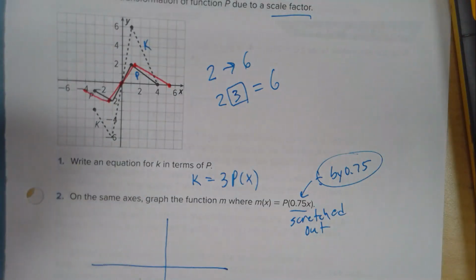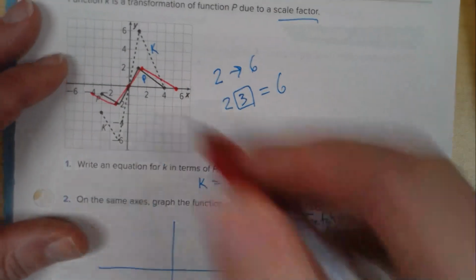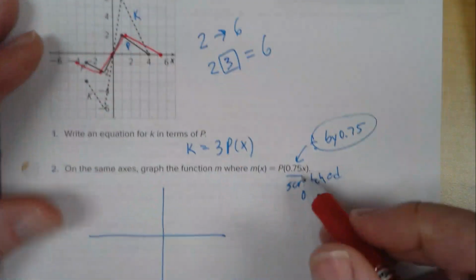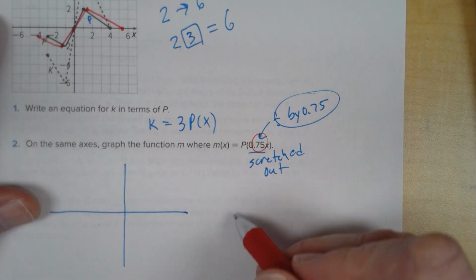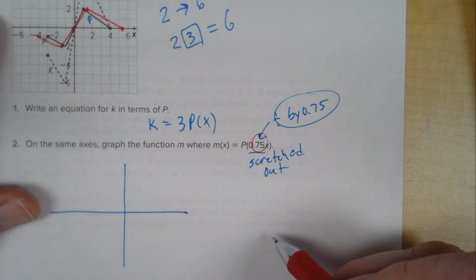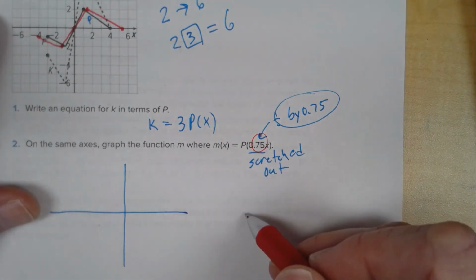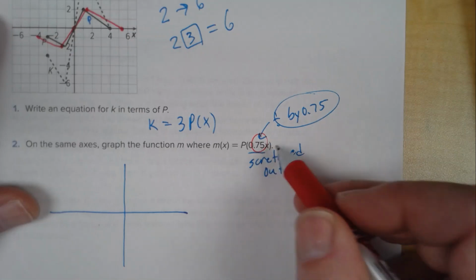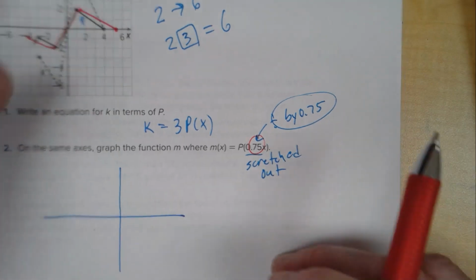So it'll be at -4 now, so it'll be over here. And that's it. So when we do this, we divide to figure out how it got stretched out. You divide by this number. And that would apply back to the original page, wouldn't it?